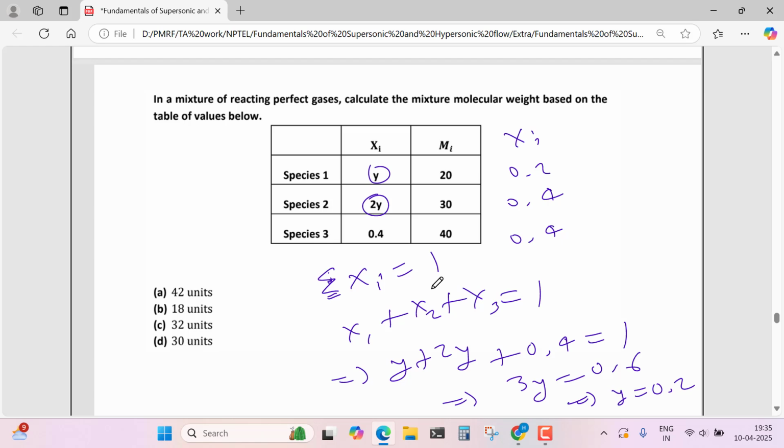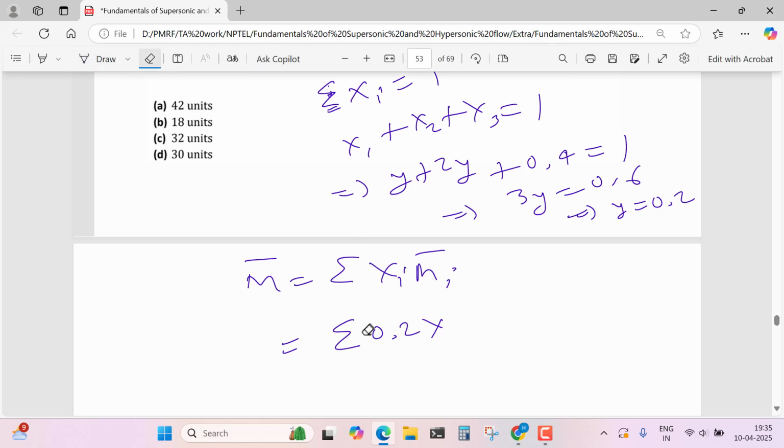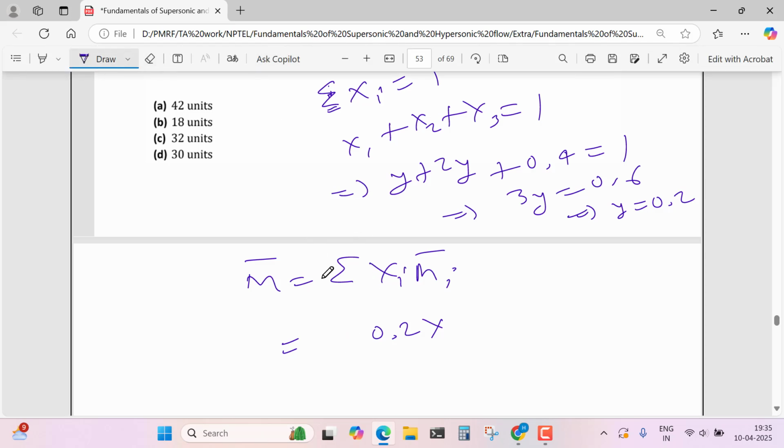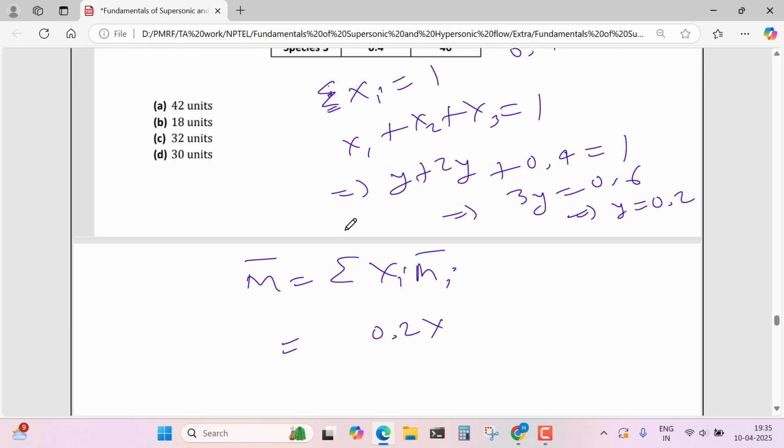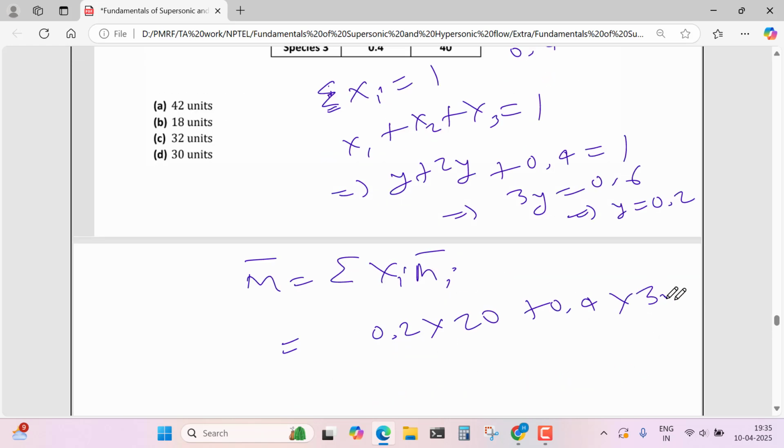And the mixture molecular weight is given by sigma x_i m_i bar. I am using bar everywhere for the molecular weight. We will write for each species 0.2 into 20 plus 0.4 into 30 plus 0.4 into 40.